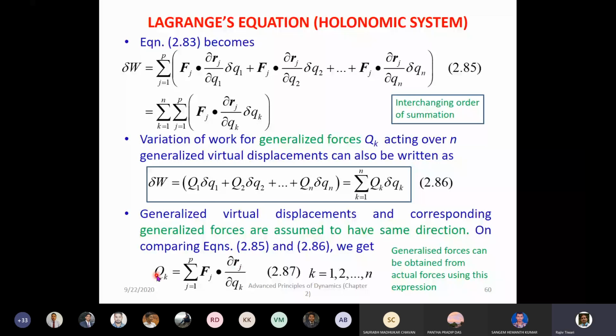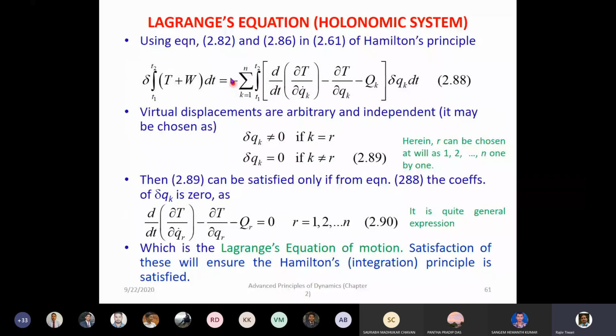Now, this is the Hamilton principle. We obtained the variation of the kinetic energy in the previous discussion, and now we have the virtual work. If we substitute the variation of the kinetic energy, if you remember, these two terms were there, and for the virtual work, this term times delta qk was there, the previous one.